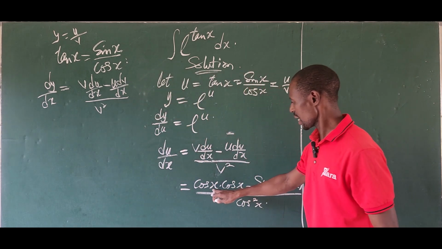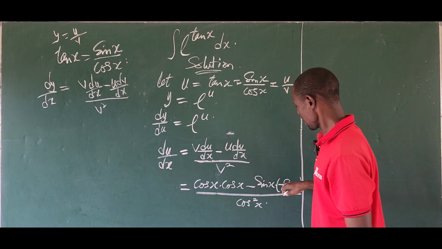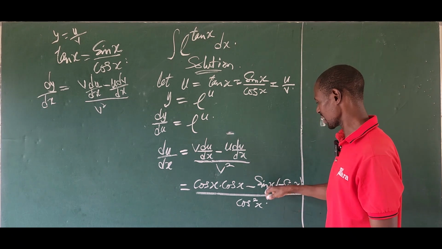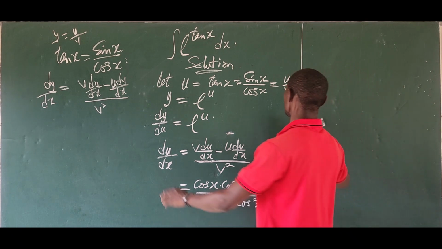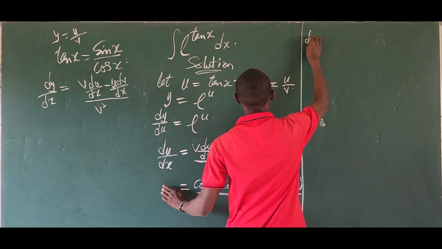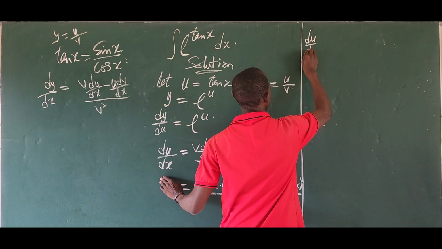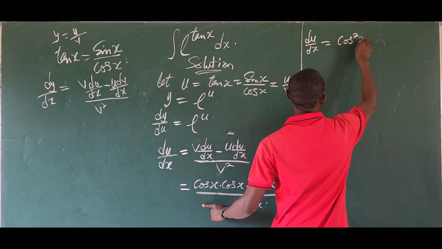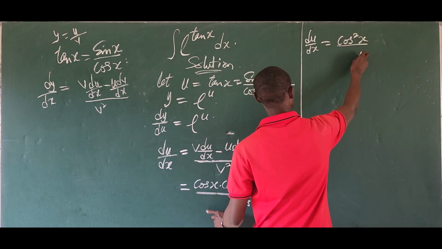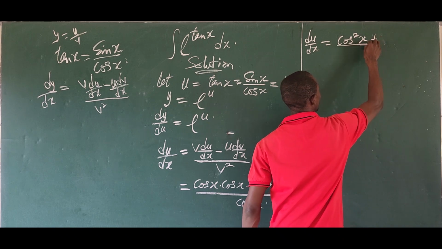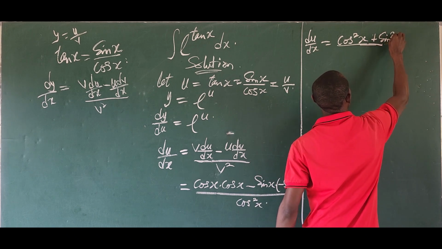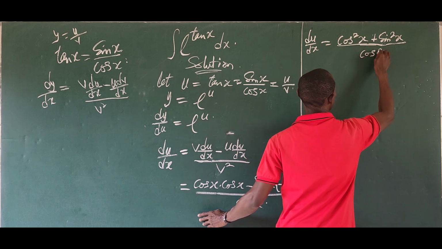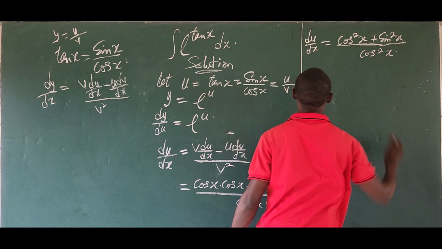Now we have cos x times cos x, and here this minus times this minus gives us plus. So here we have sine x times sine x. So automatically du/dx is equal to cos squared x plus sine squared x, everything all over cos squared x.